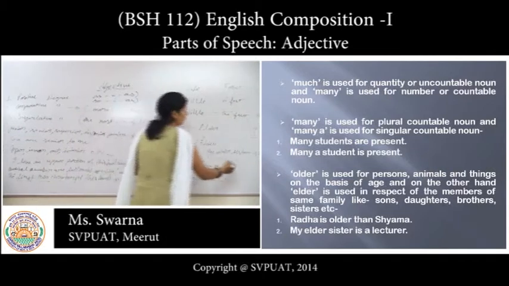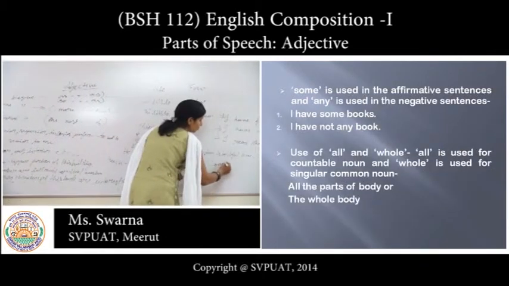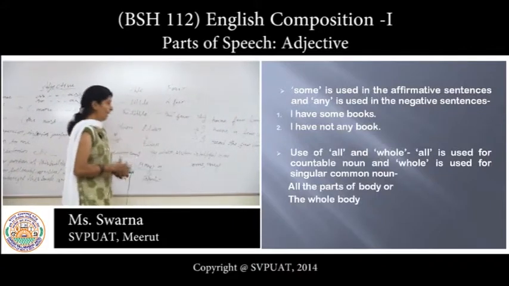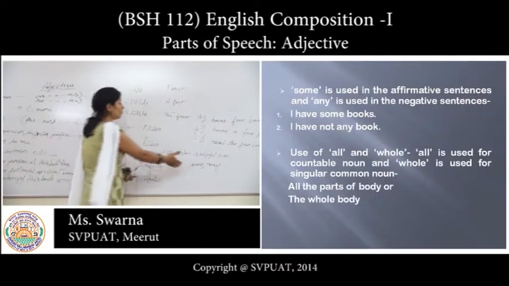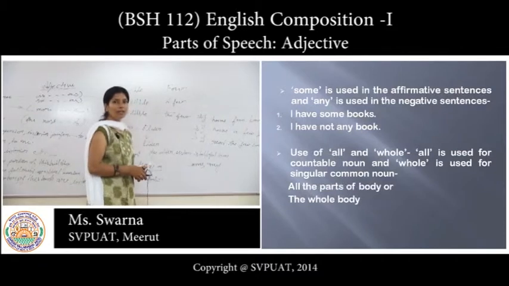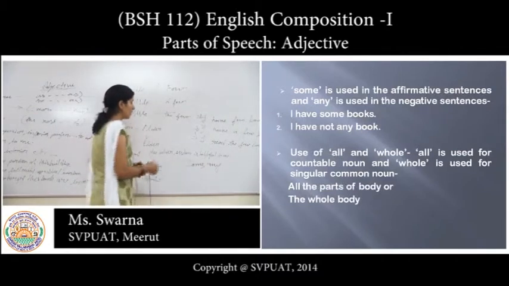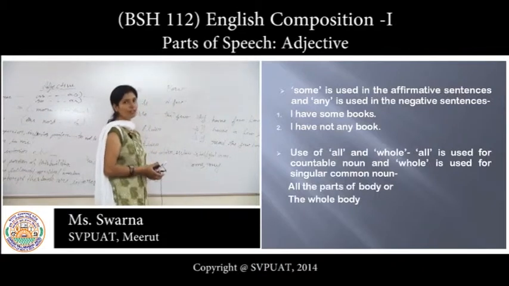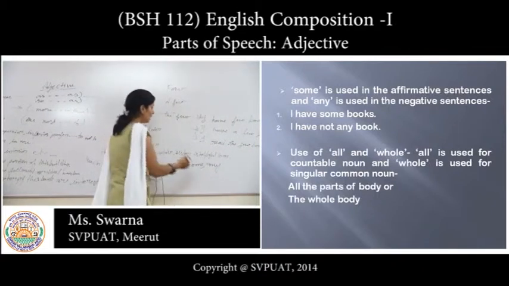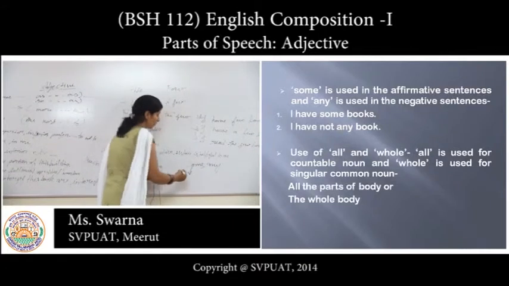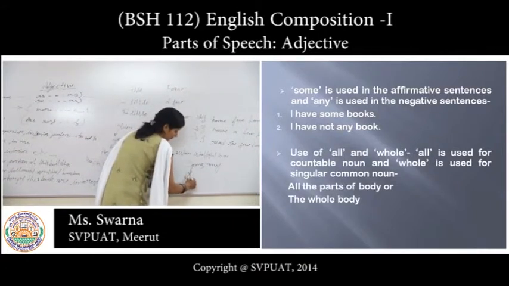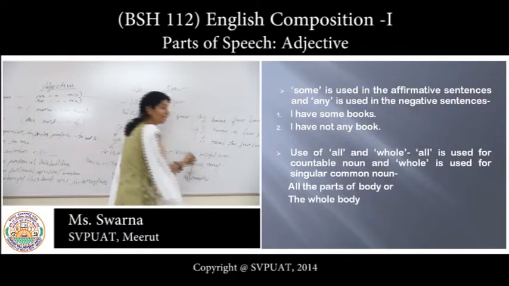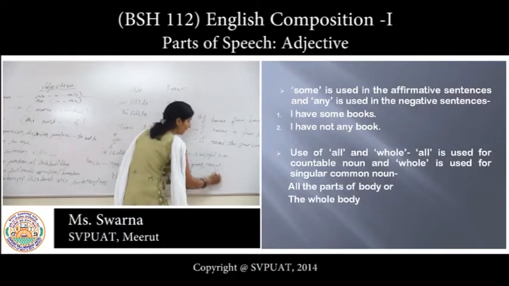The next is, we use some and any. As we all know, some is used for quantity, meaning uncountable things, and any is used for countable things. But there is one more difference between these words: in an affirmative sense we use some, and in a negative sense we use any.